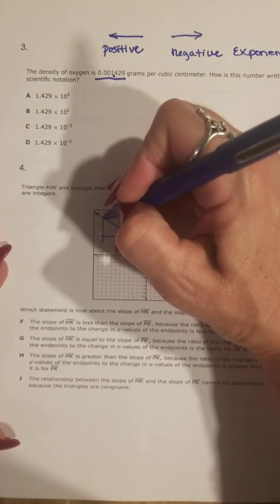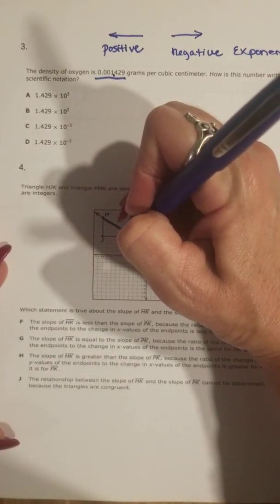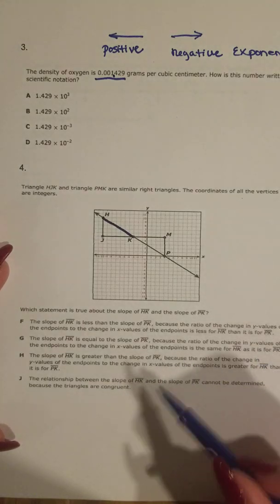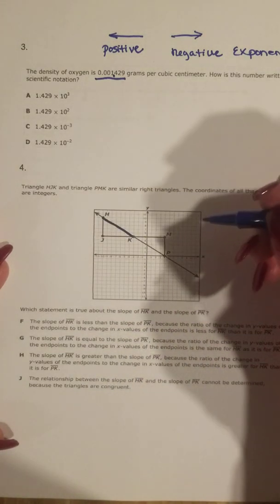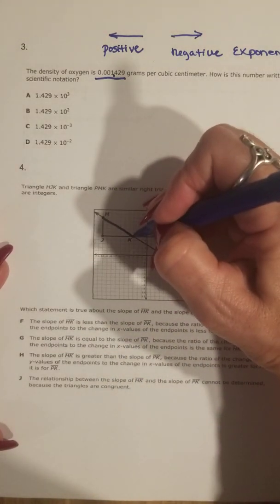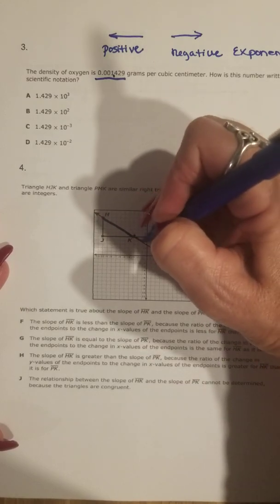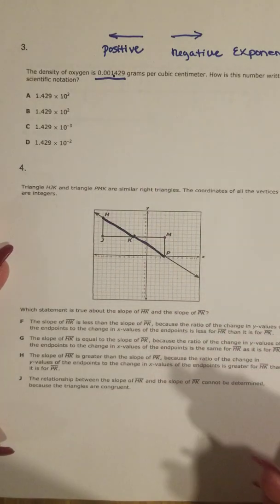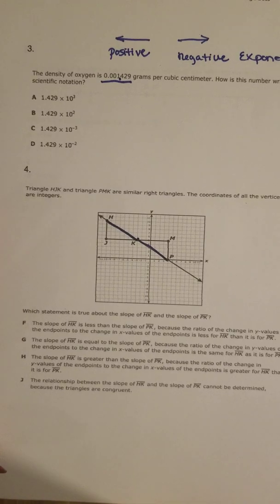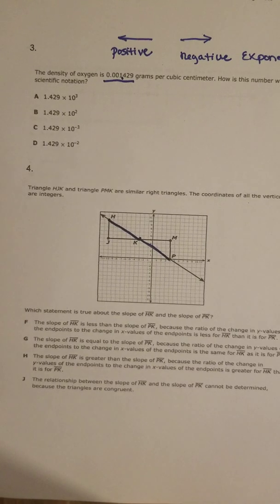So we're talking about this line HK, the slope, and then the slope of line PK, which is right here. And then if you read through the answer choices, it'll simplify it a little bit, okay?